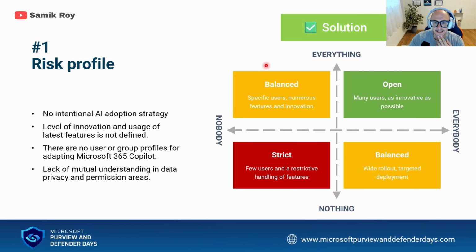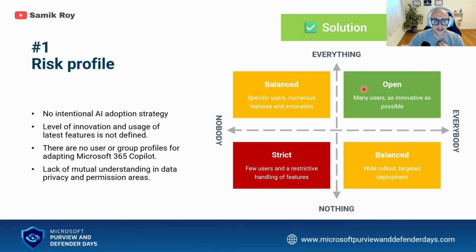And this is the matrix that I use. So we have a functionality perspective, where everything is available or nothing is available, and nobody has access to the functionalities, or everybody has access. And here we have 3 profiles that we can choose from. On the top right, everything and everybody is an open kind of profile.